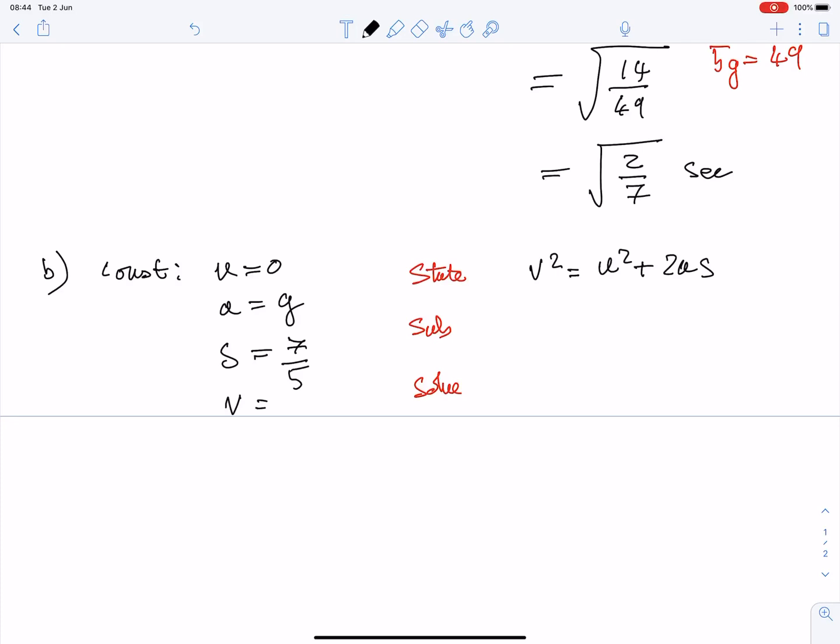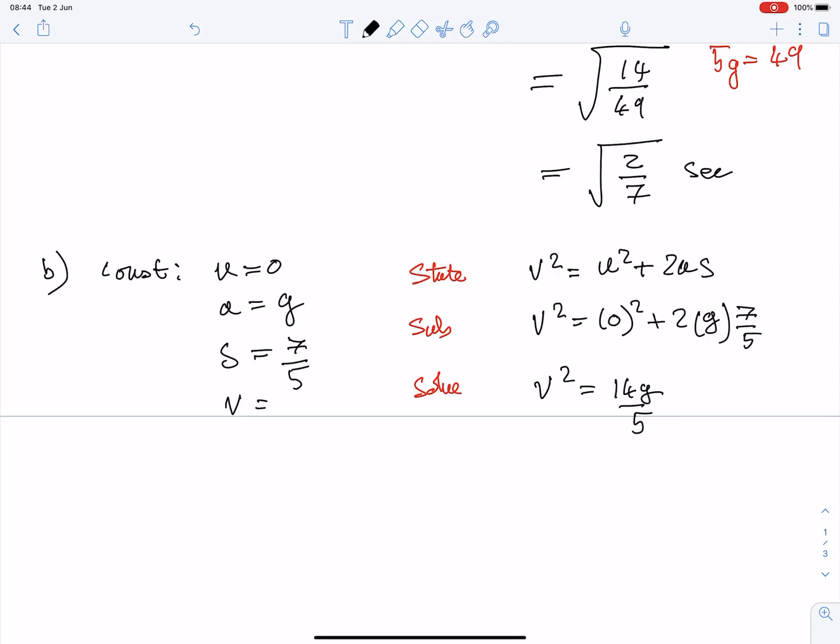So we now substitute in: v squared equals 0 squared plus 2g times 7 over 5. So v squared equals 14g over 5.